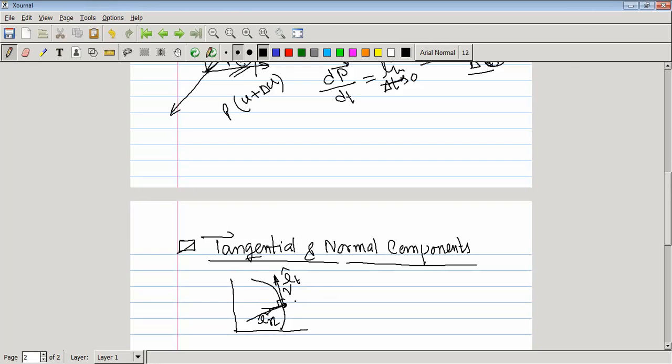Now if it changes a very small amount, here it creates an angle, that is d theta, right? From this position to this position, it will change by d theta amount, right?